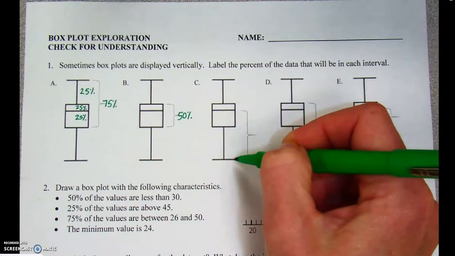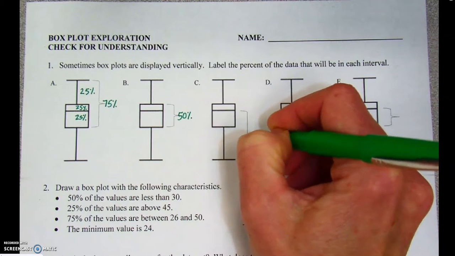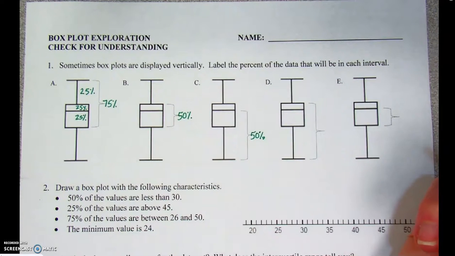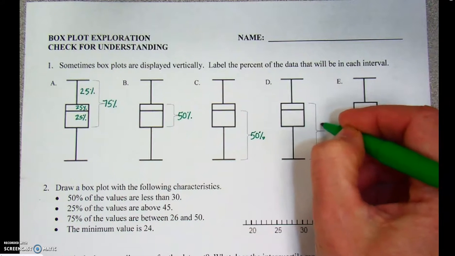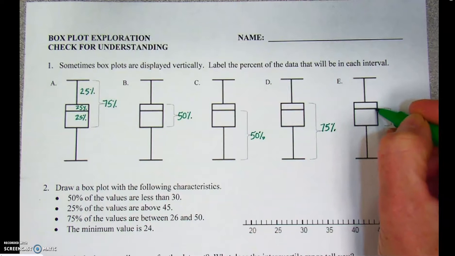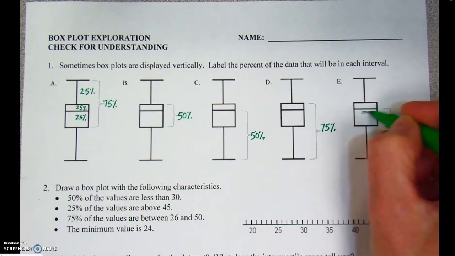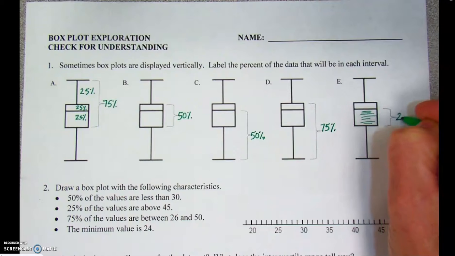From the median to the minimum, that is also just 50%, because you know median means middle. This is 1 quartile, 2 quartiles, 3 quartiles. That's another 75%. And then just this little portion right here, which I think is what this is referring to, that's just 25%.